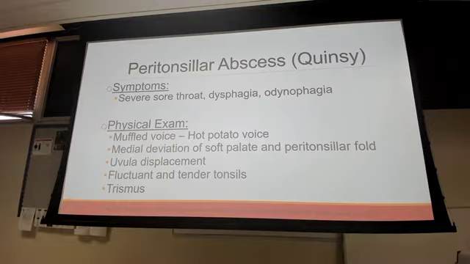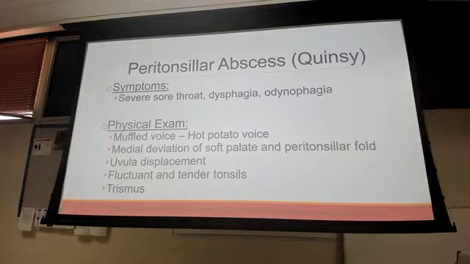I wish I could impersonate it, but it would be very bad if I tried. And then that medial deviation of the soft palate. So the soft palate will, and we'll look at a picture, deviate down, pushing the uvula to the opposite direction because of that pus-filled pocket, uvula displacement.